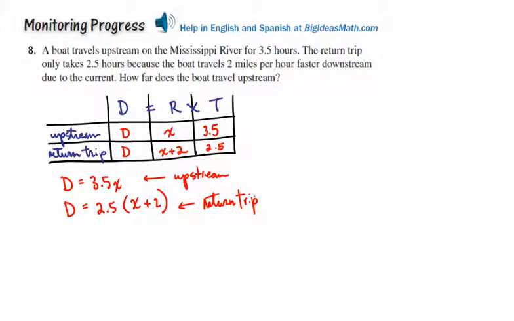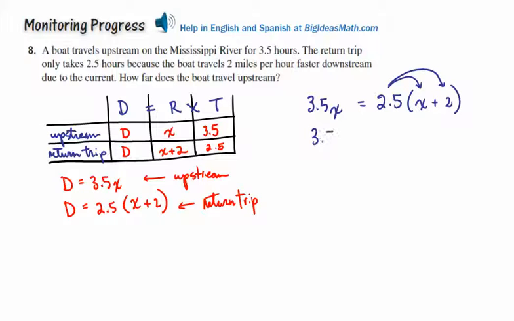Since the two distances are equal to each other, we can set these equations equal to one another, and we have 3.5x is equal to 2.5 times the quantity x plus 2, and we're going to distribute on the right.